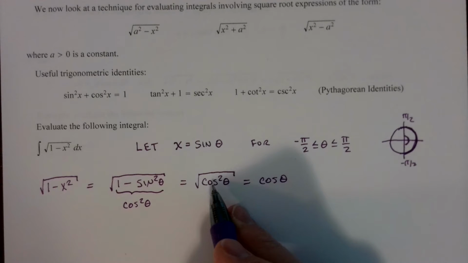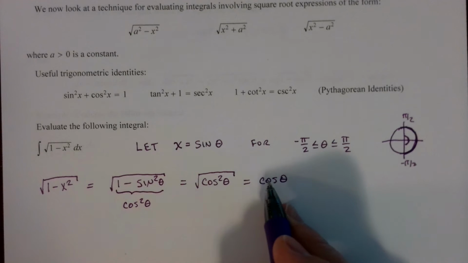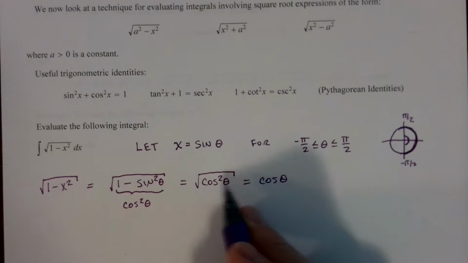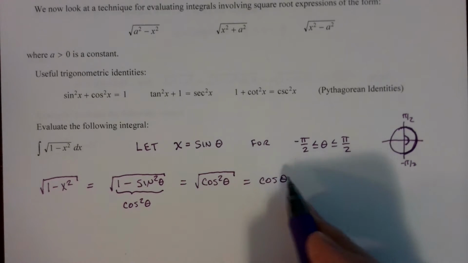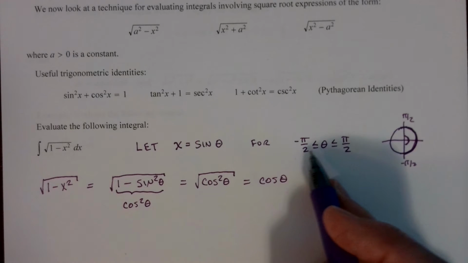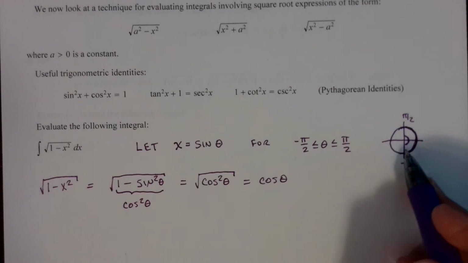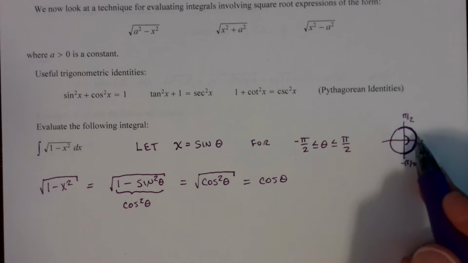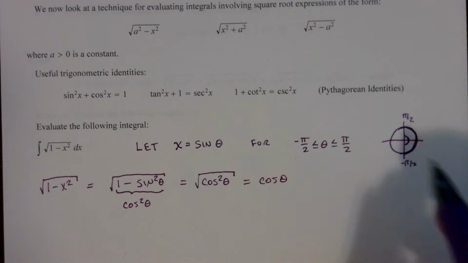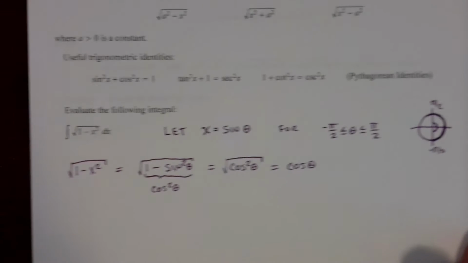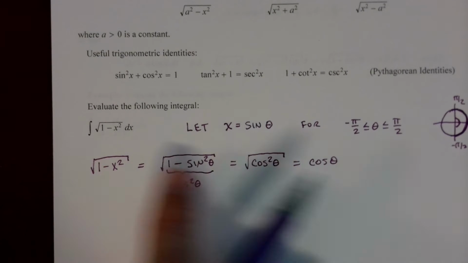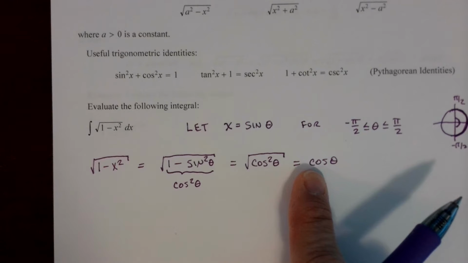It would still work, but we know we're only going to get the positive value to come out of this. And this is consistent with this restriction on theta. Notice, x is the cosine of theta would be x, and the x coordinate is always positive over here. So this whole expression is now just cosine of theta.